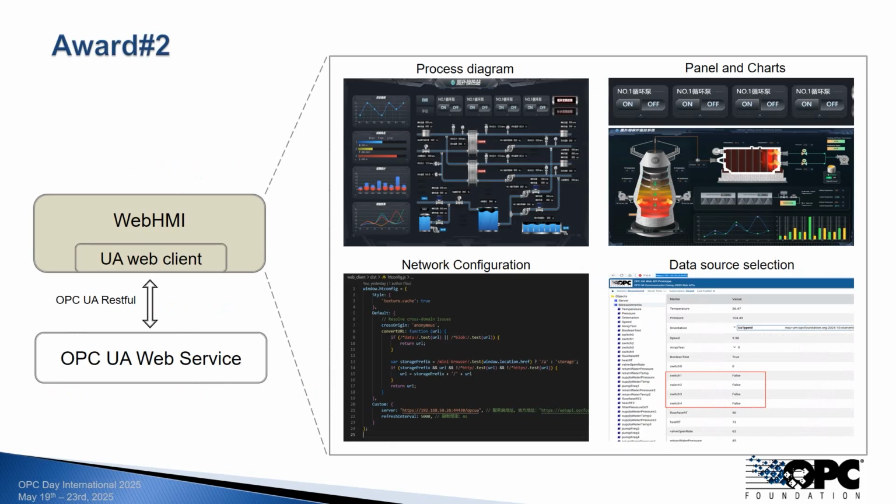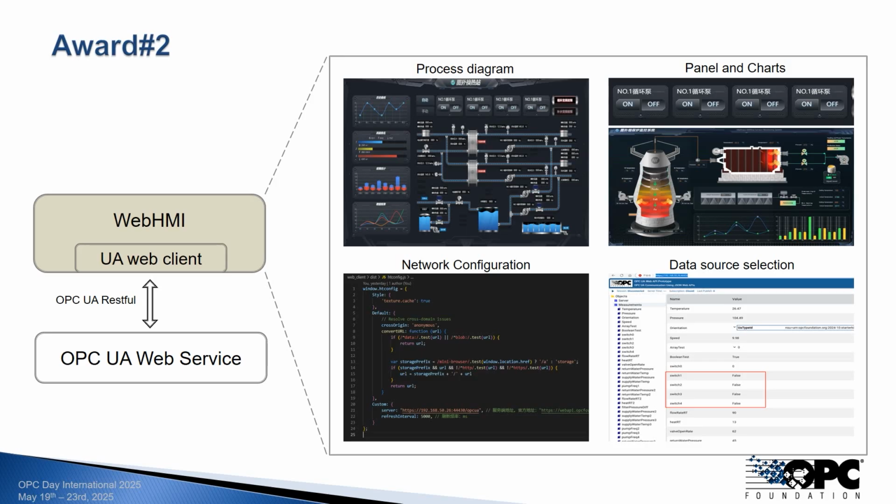The winning team in the application layer is an HMI vendor who provides web-based HMI with 2D and 3D features. Their product also offers an easy-to-use HMI editor, which can help developers to quickly design their graphical interface.